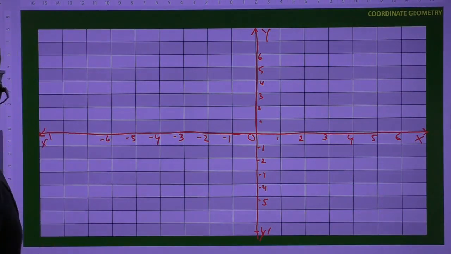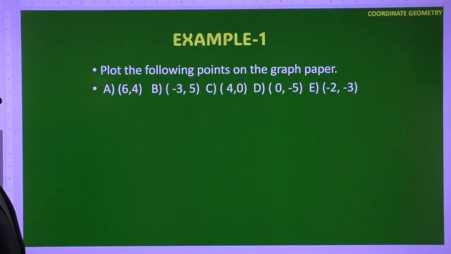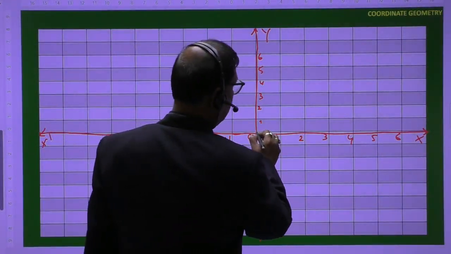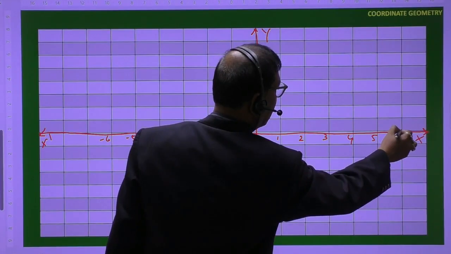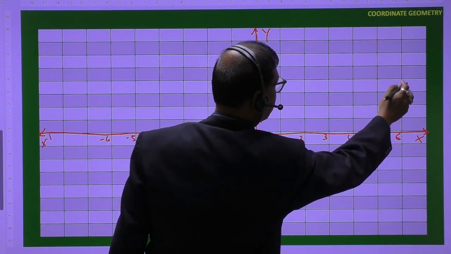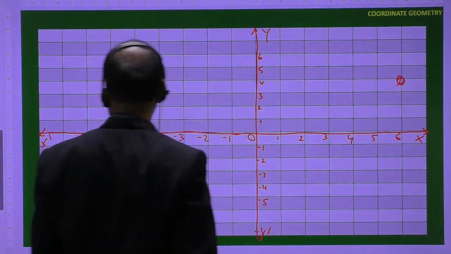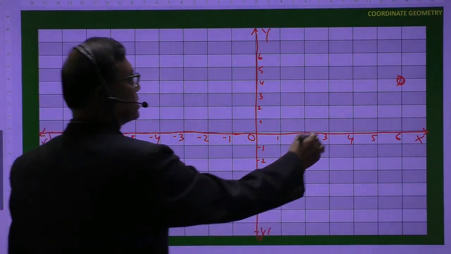Is it clear? So first point is 6 comma 4. That means we have to move 6 units and then 4: 1, 2, 3, 4. That means this point. This is the point.